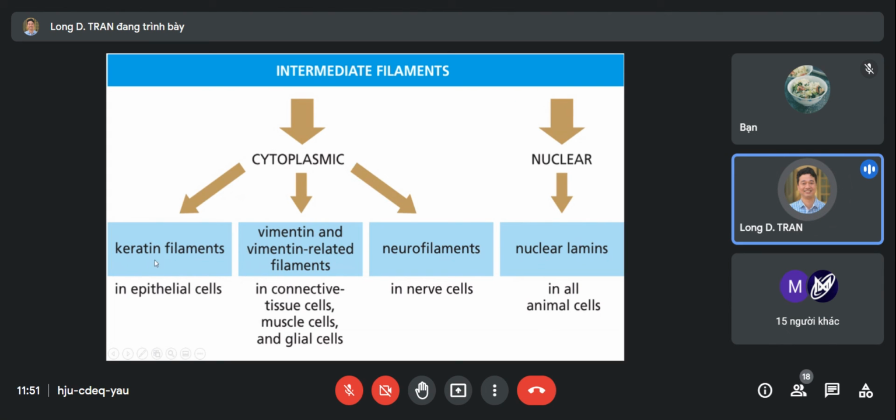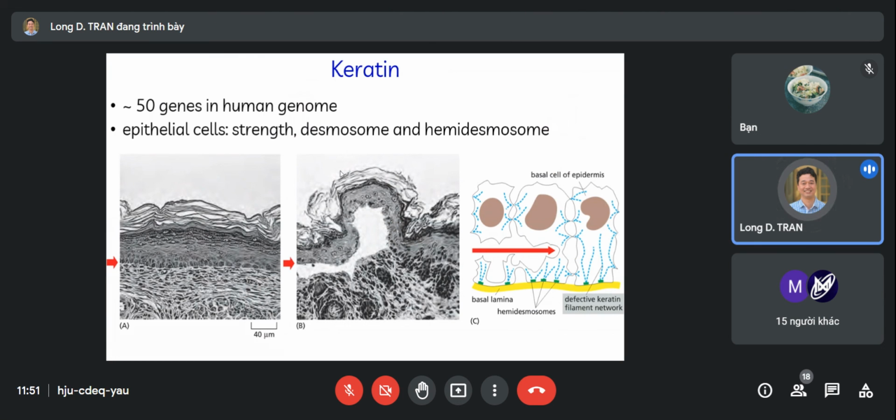In some systems, they separate keratin into smaller classes, keratin 1 and keratin 2. And vimentin we have in connective tissues, and neurofilaments are only observed in nerve cells. Plants and fungi do not have cytoplasmic intermediate filaments. For keratin function in humans, there are around 50 genes in the human genome, expressed specifically in epithelial cells, and it contributes to the strength of the skin.